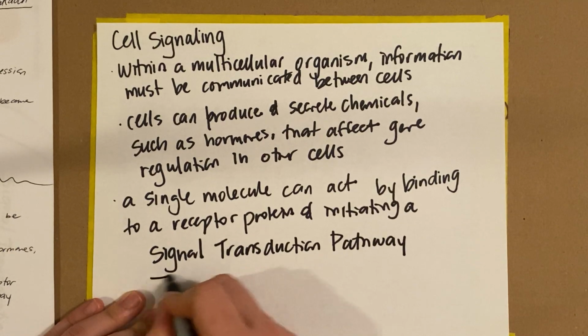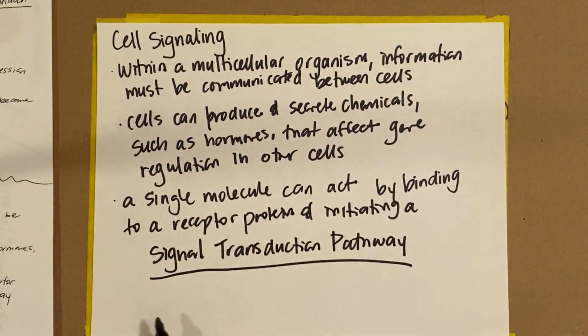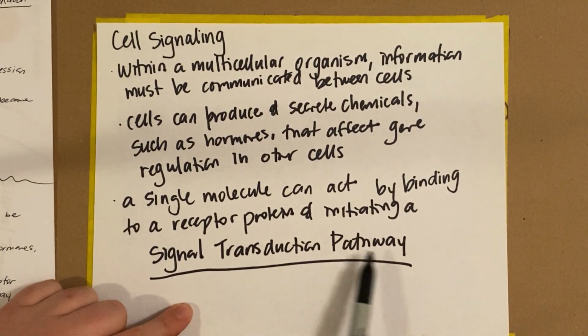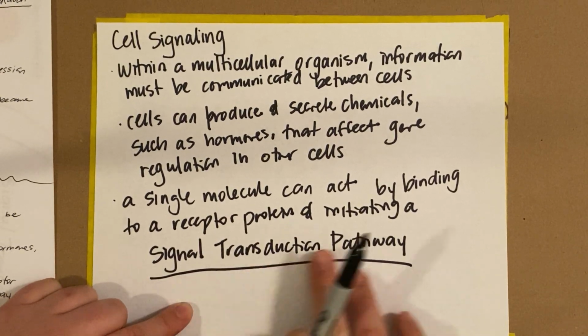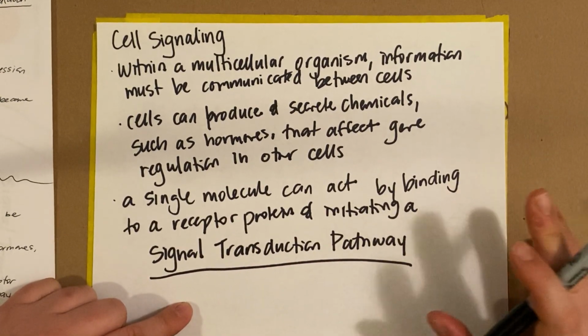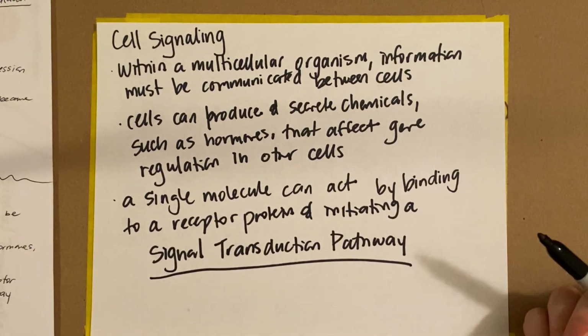Okay, and so what this basically is referring to is a message can come in, and then that can be translated and moved to the DNA and affect what's happening to the DNA.